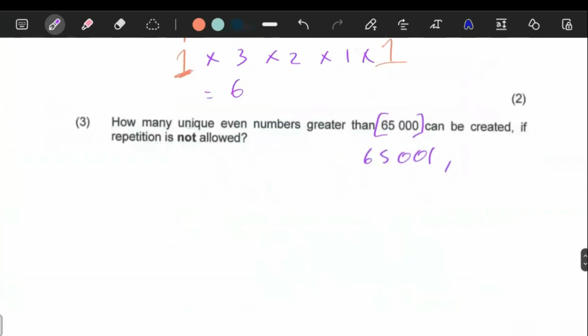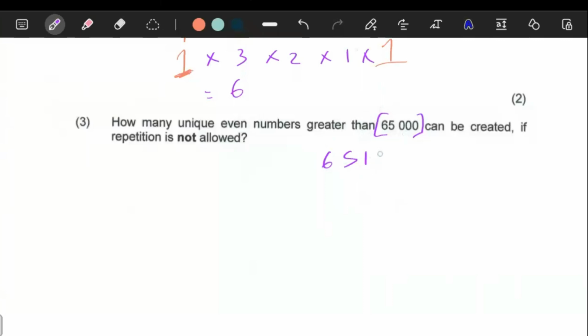So if they're saying how many unique even numbers greater than 65,000 can be created if repetition is not allowed, the one thing you want to remember is the first number bigger than 65,000 that can be considered is technically going to be, remember there are no zeros, right?